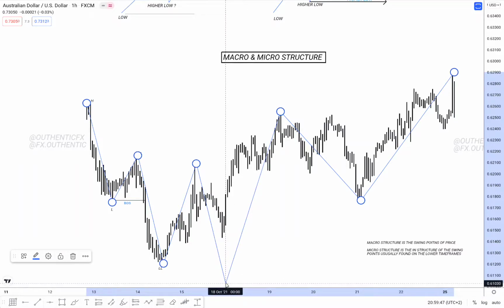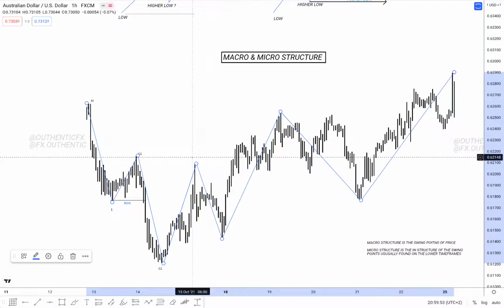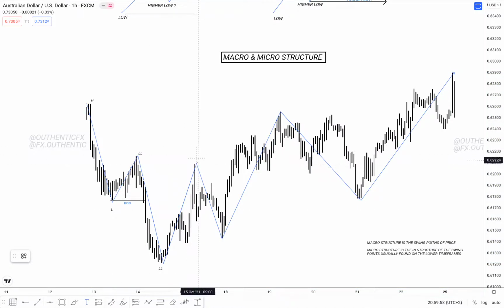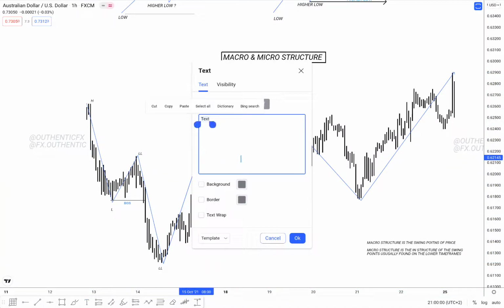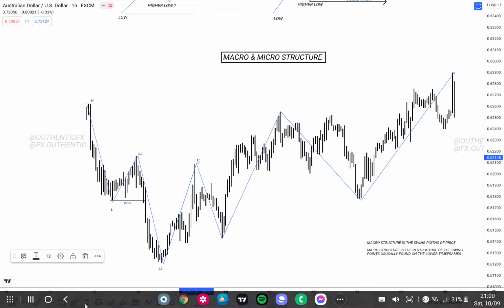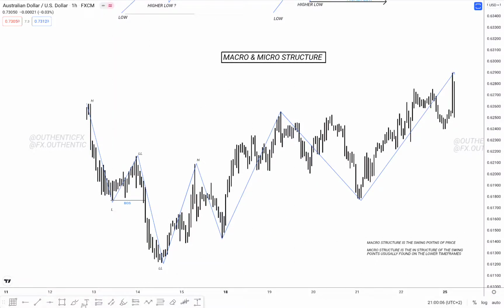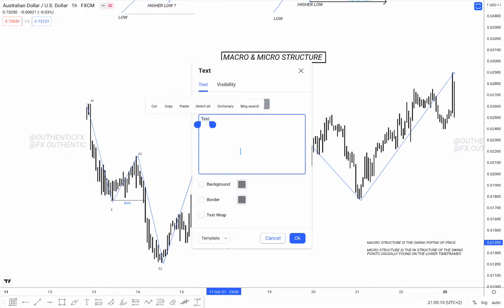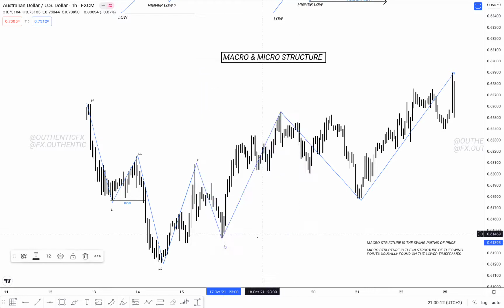If it broke structure to the left, that would be our lower low. This now becomes our high point over here. And then from there, we follow through to create a low point over here because we did not break structure to the left. So this will be our low point, right?